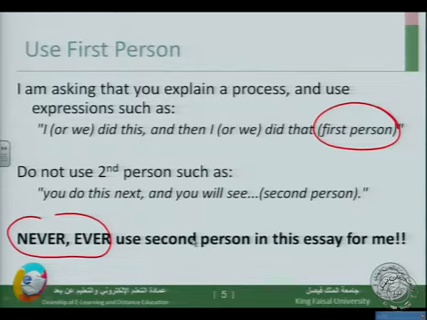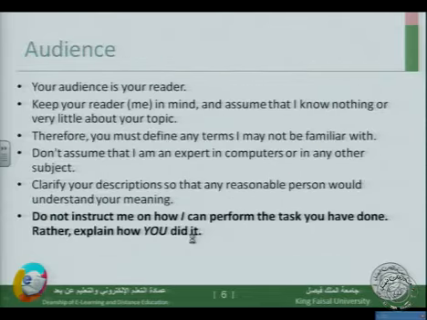Okay? So you need to use the first person. So this is our first rule. You need to keep in mind, once you start an essay, you should use I or we, not you. Okay, and I prefer I, because we is for people. Anyway, you can use we or I.